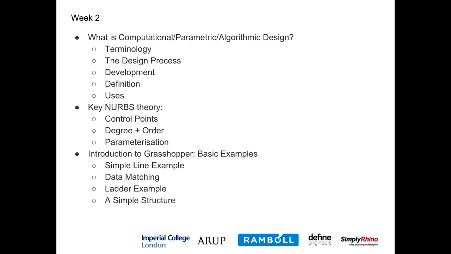And then we'll also do a little bit more looking at Rhino geometry in general and talking a little bit about the theory behind that and how it works. And then we'll actually get on to Grasshopper, so we'll get on to the good bit as well today.